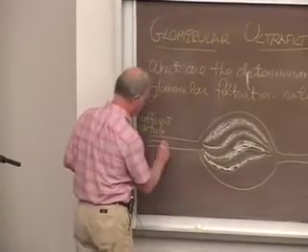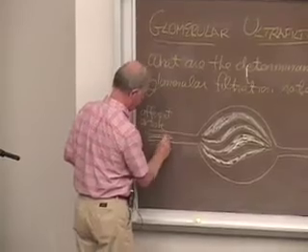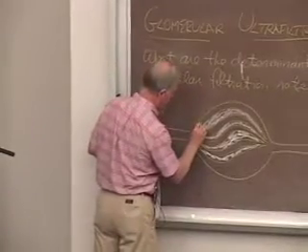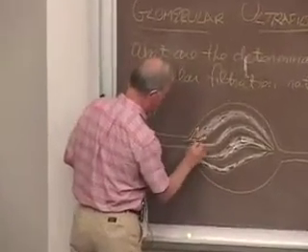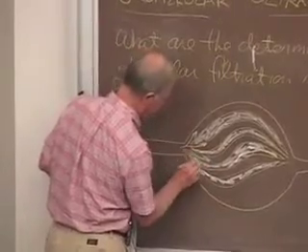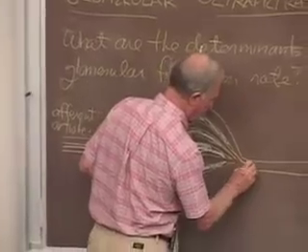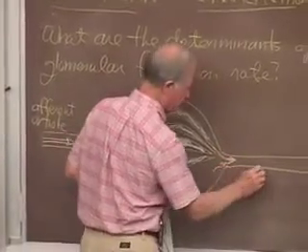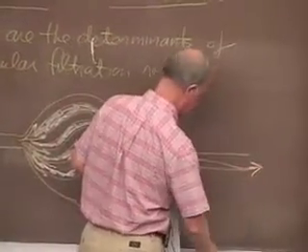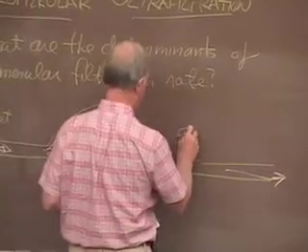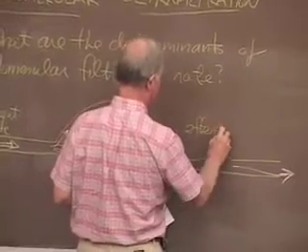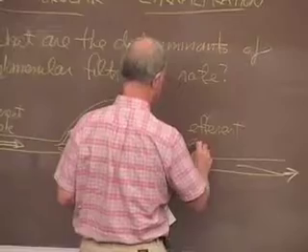So it's coming in here like this. Here comes the blood. It then goes into all the little capillaries, comes back out. The efferent, you can think of E as exit, efferent arteriole.